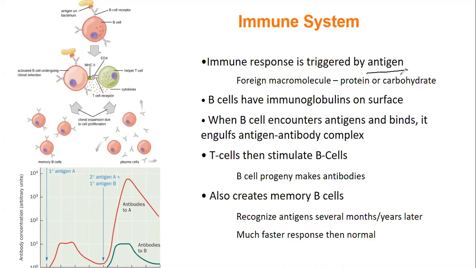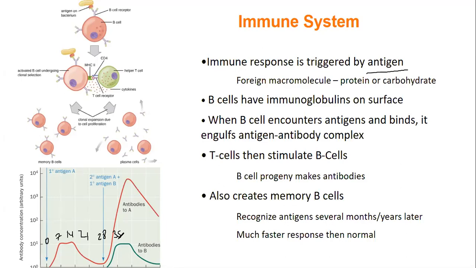So when you get sick, what the chart is showing down here, I know the time scale is not shown probably on your screen, but this is days. Each line is 7 days. When you first get sick, you don't really have antibodies to what's making you sick, because it is a foreign invader, some kind of foreign macromolecule.